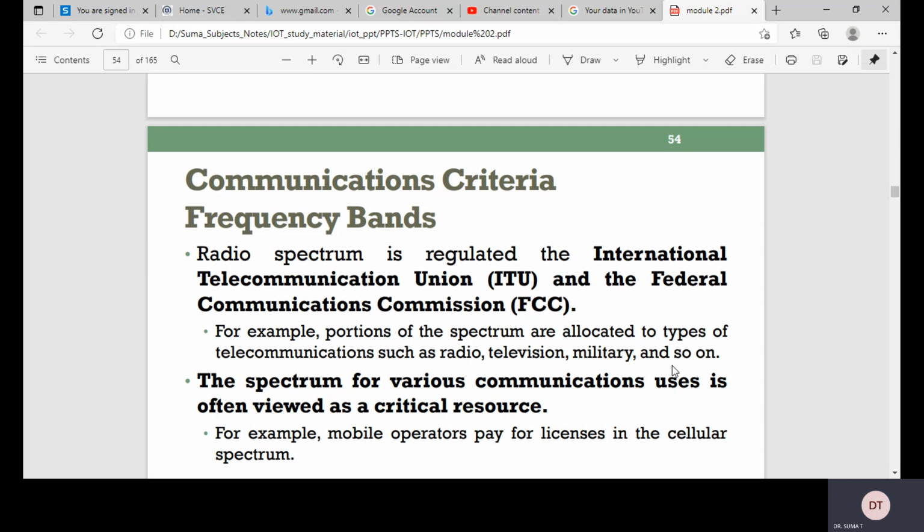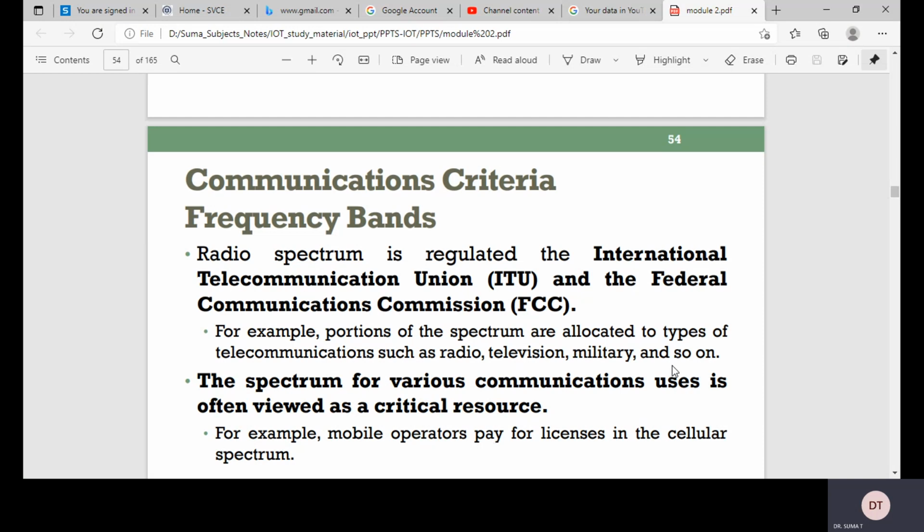For example, portions of spectrum are allocated to types of telecommunications such as radio, television, military and so on. Around the world, the spectrum used for various communication is often viewed as a critical resource. For example, you can see the value of these frequencies by examining the cost mobile operators pay for licenses in the cellular spectrum.